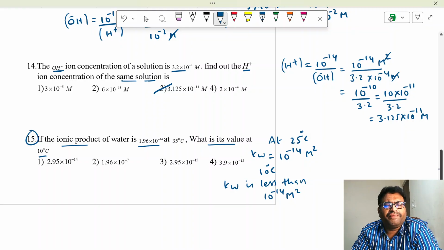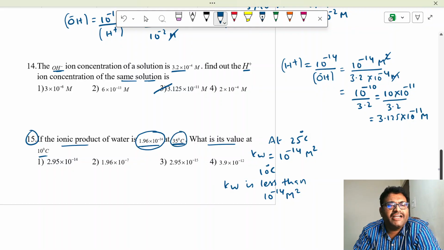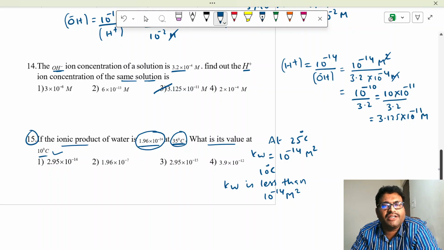Now you see, it is given as 35 degrees centigrade. At 35 degrees centigrade, they have given us the ionic product of water as 1.96 into 10 power minus 14. At 10 degrees centigrade, they are asking. At 10 degrees centigrade means you are decreasing the temperature. When you decrease the temperature, automatically the ionic product of water decreases. So which value is less than this 1.96 into 10 power minus 14?